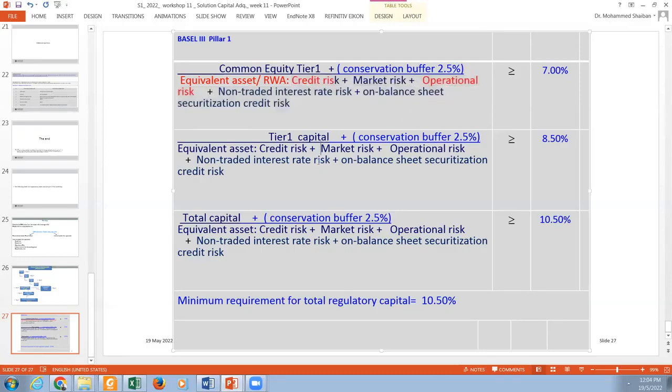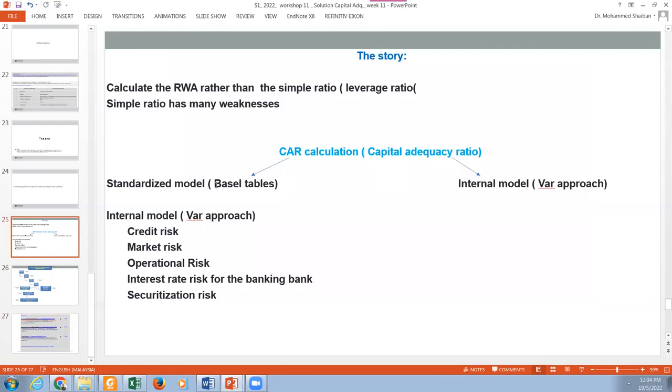And tier 1 is another capital, which will be provided for you, and I will tell you how to get it. And you divide it by all those risk-weighted assets. And then we have the total capital. And this one, we call it the standardized approach, which means standards according to tables.